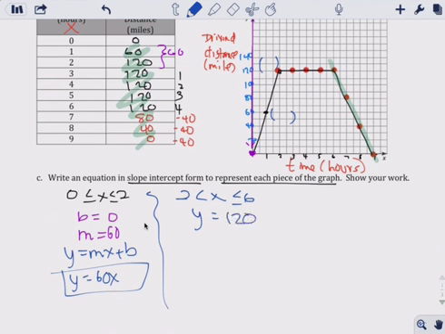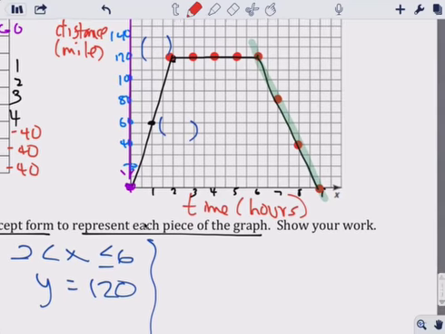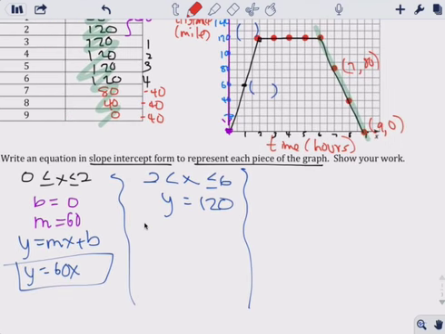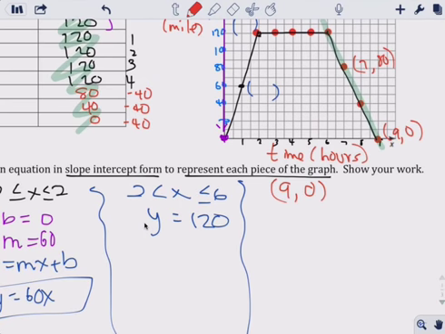Now, you can use point slope and you'll get the same answer. What I mean by point slope is you can choose 2 points. The last line is 2 points. Let's say I choose this dot and the last dot here. That dot is 7 and 80 and 9 and 0. You can use point slope for that. So I'm going to choose 9 and 0, and we can find slope by y2 minus y1, 0 minus 80.